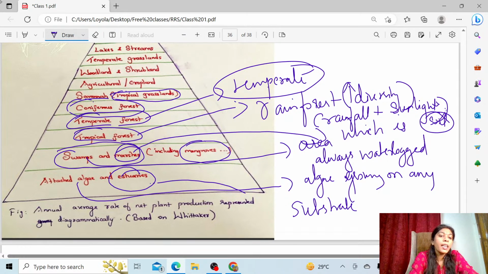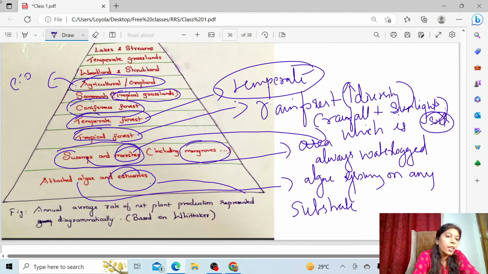Then comes agricultural or cropland. It's a separate ecosystem. When you study ecosystems, you usually study only land ecosystems like forests and grasslands, and aquatic ecosystems.